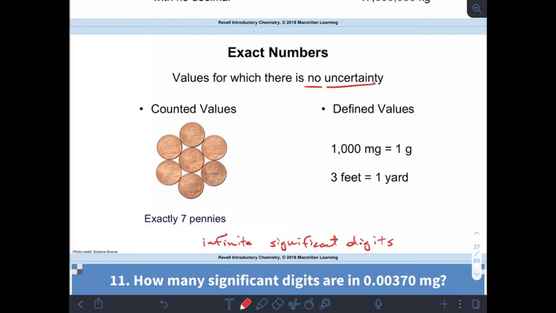The other things that are exact are definitions. Okay, defined values. So there are exactly 1,000 milligrams in 1 gram. There are exactly 3 feet in 1 yard. Okay, those are definitions, and when we use those, we consider those to have infinite significant digits.